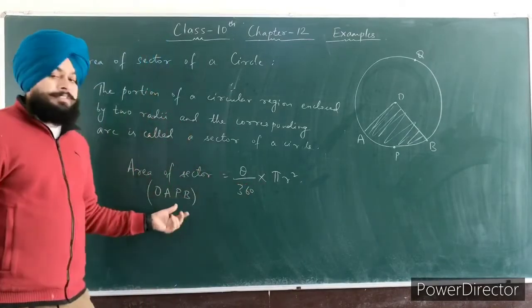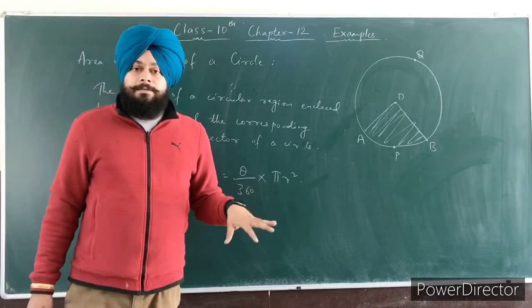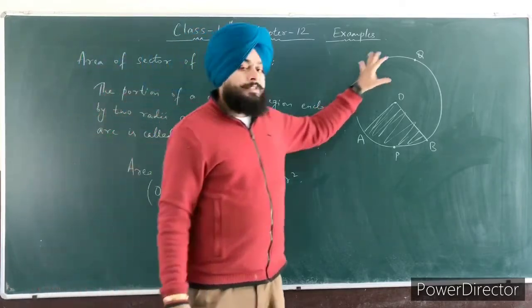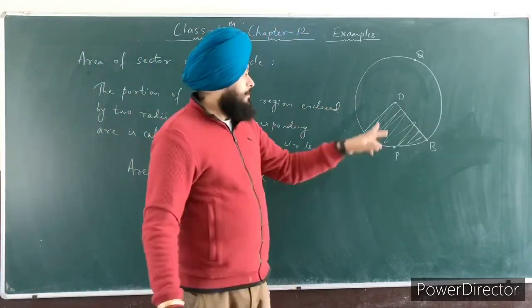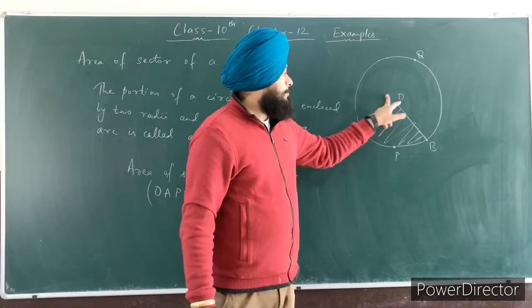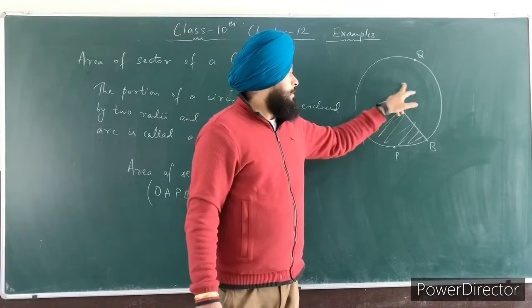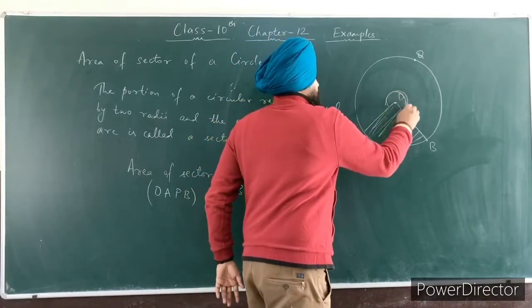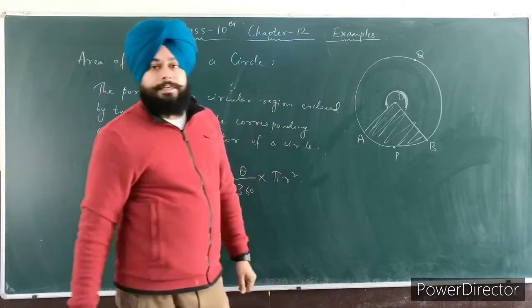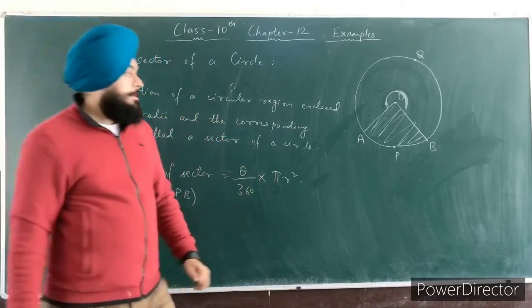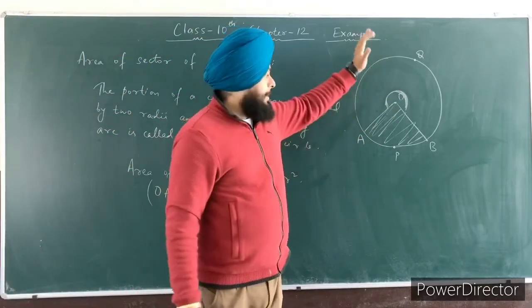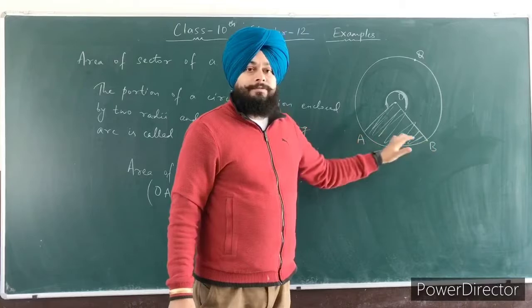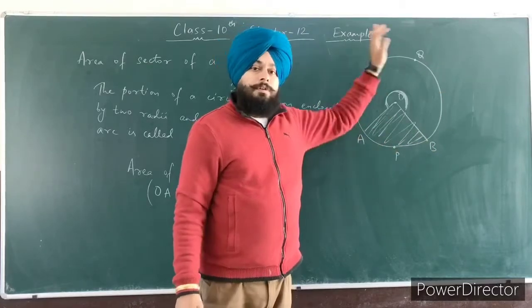This OAPB is the area of the minor sector. If you want to find the area of the major sector, you can find the value of theta by subtracting 360 minus theta, and you will get the theta of the major sector. Or you can subtract the area of the minor sector from the area of the whole circle.